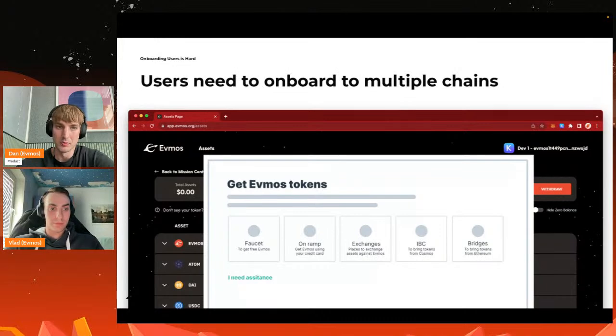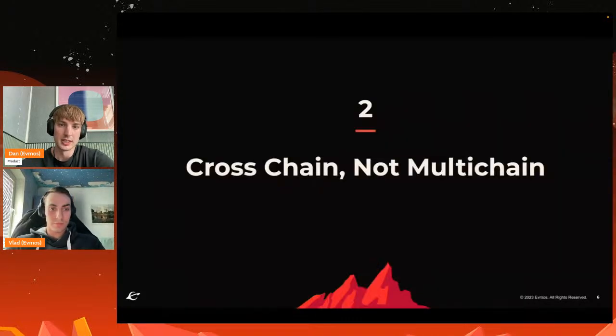So that's one problem. Second one is that we see applications to be cross-chain, not multi-chain. And what this basically means is we want to ease the process of dApps or decentralized applications to gain access to more users and more communities, but limit the amount of deployments they have to do and maintaining instantiations of their contracts by choosing a more cross-chain strategy.